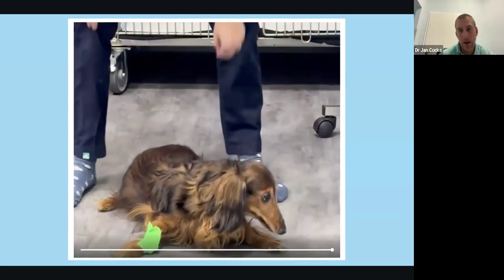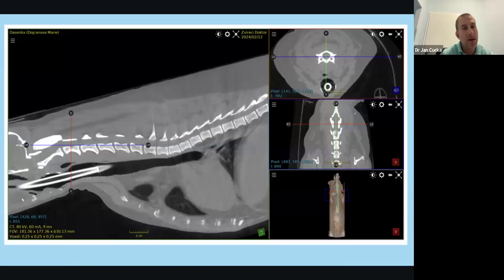So we performed the first native scan, and what you can see here is nothing. That's a very important part of this lecture: there are a lot of calcified discs which can go through the vertebral channel and cause protrusion or extrusion.